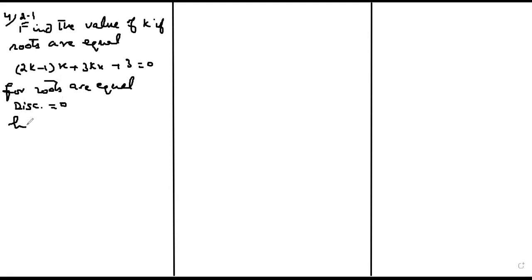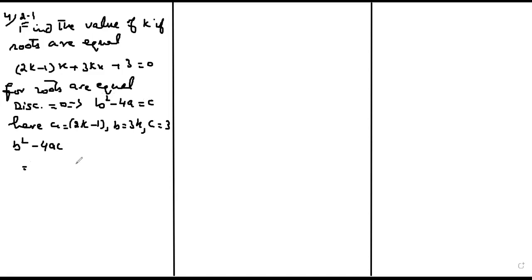So here A equals to 2k minus 1, B equals to 3k, and C equals to 3. So means B square minus 4AC equals to 0. So B square minus 4AC equals to 3k the square minus 4 times 2k minus 1 times 3 must equals to 0.